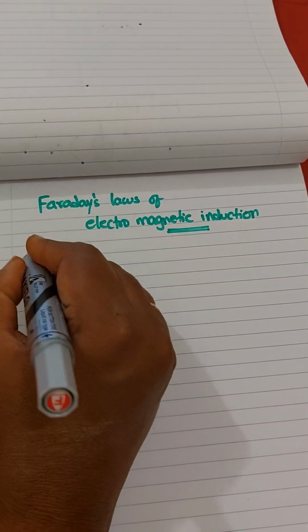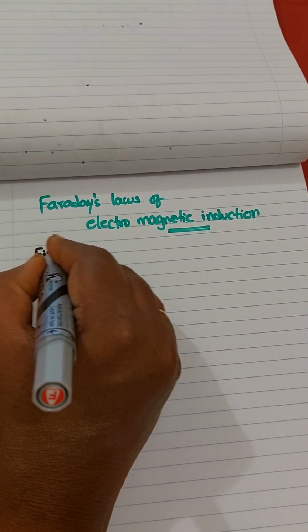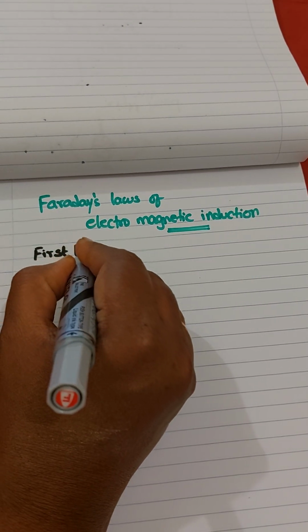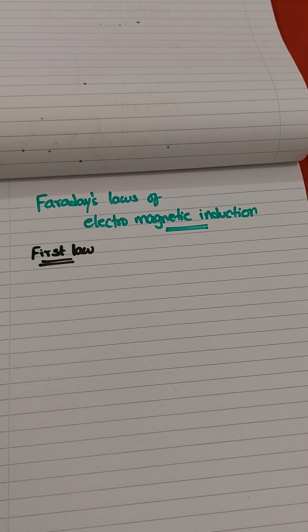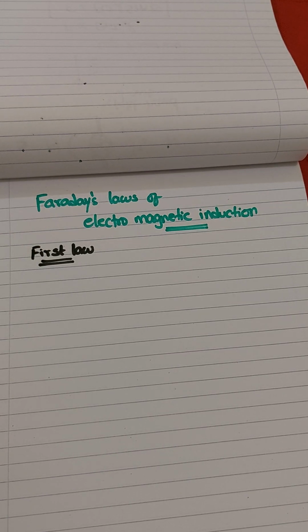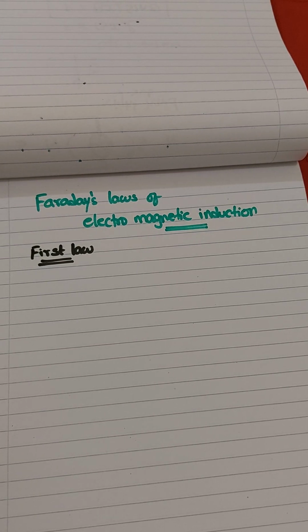The first law for Faraday's, so what does it state? This first law states that when the flux linking with the coil or circuit changes, an EMF is induced in it, or whenever a magnetic flux is cut by the conductor, an EMF is induced. So whatever it is, finally they are saying an EMF is induced in the conductor.